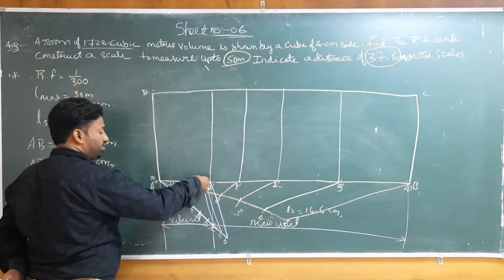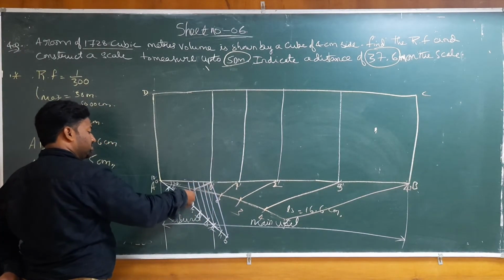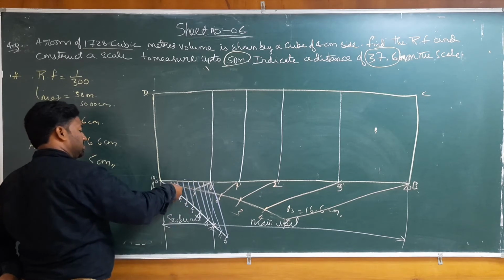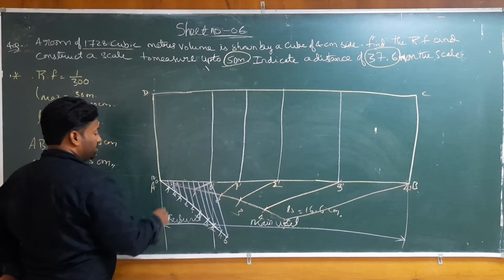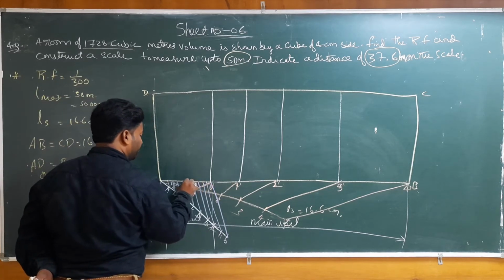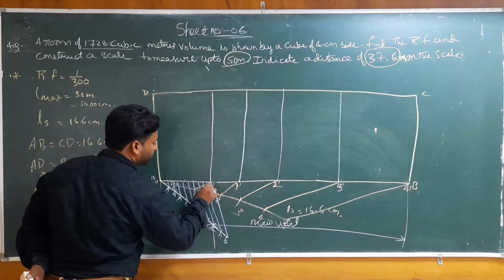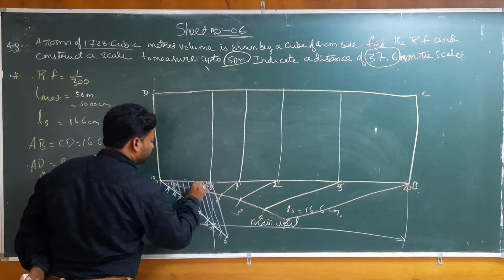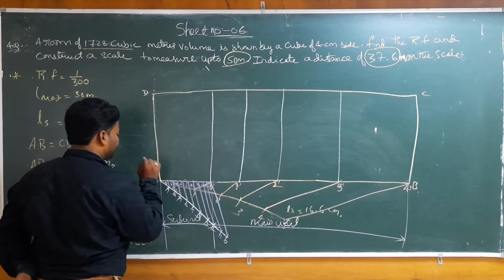So if I draw all the parallel lines, each line is parallel to each other. So here I got 10 divisions. Here I will write 0, 1, 2, 3, 4, 5, 6, 7, 8, 9, 10.